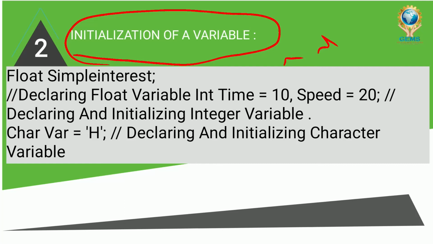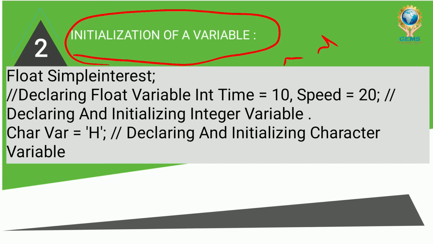We are doing two things here. First we are declaring the variable, then initializing that variable. Initializing is nothing but just assigning the values. If you write int a semicolon, that is called declaration. Int a equal 20 semicolon, that is called initialization. That is the difference between initialization and declaration.